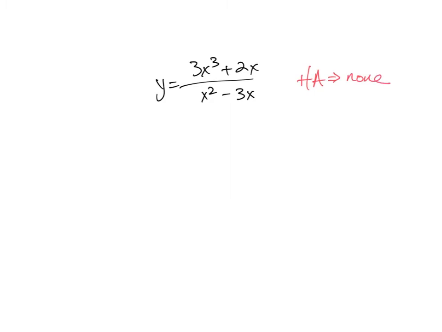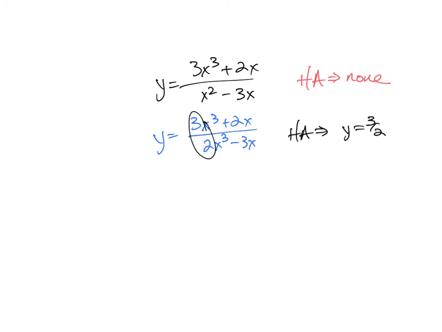All right, it's none. However, if you have, let's say, y equals 3x cubed plus 2x over 2x cubed minus 3x. Where's my higher power? They're the same. So what's my horizontal asymptote? I need to look at my coefficients. So what's my horizontal asymptote? y equals 3/2.